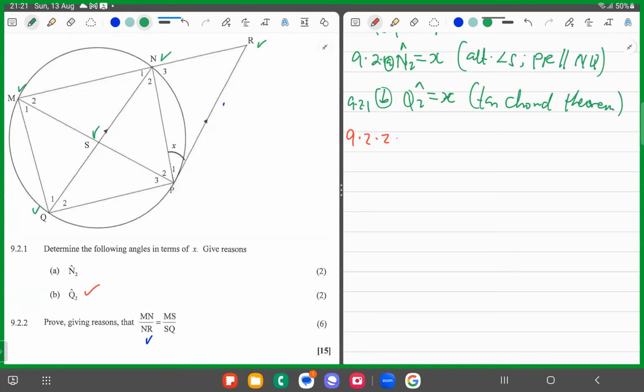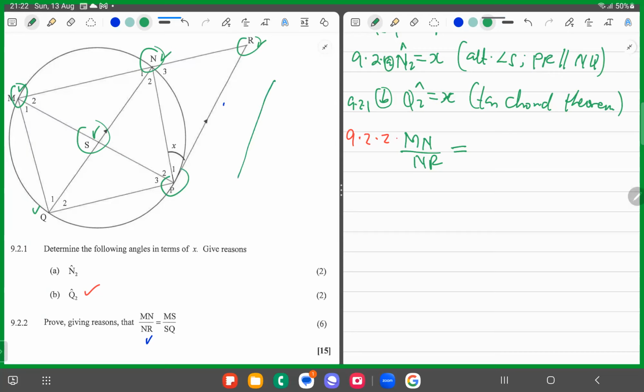First things first, we make the observation that MN over NR must be equal to MS over SP.